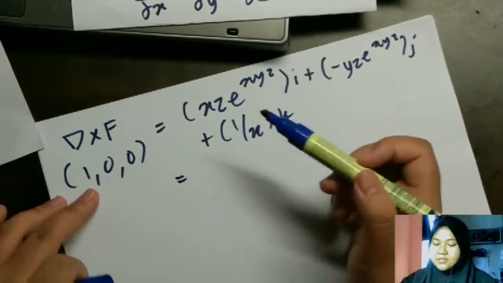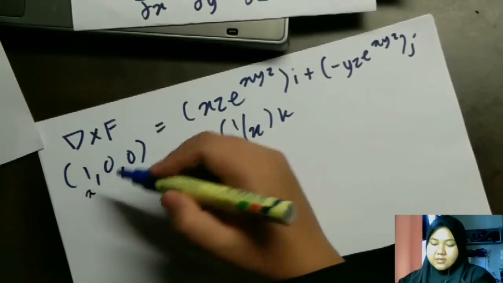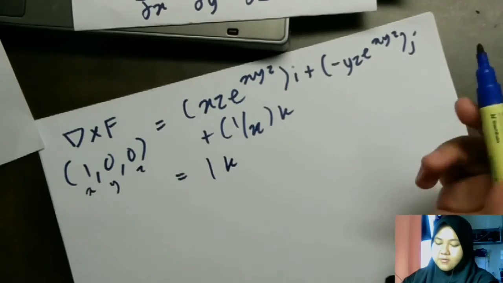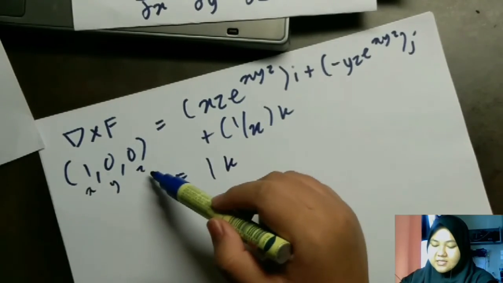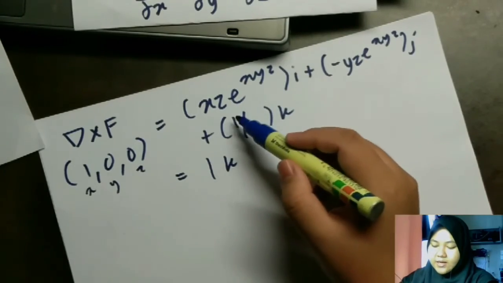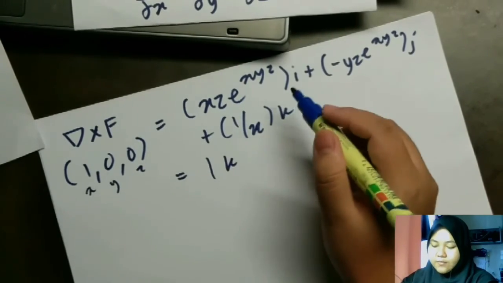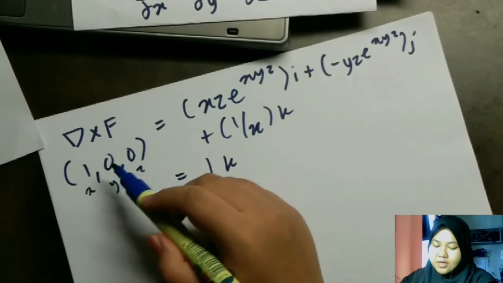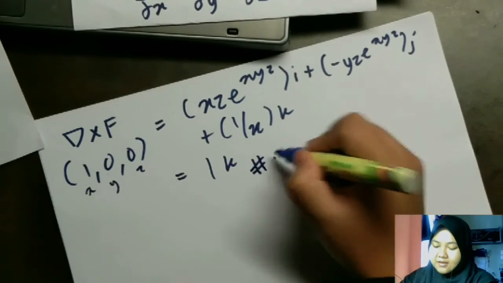After that we substitute the values x, y, z. So we got 1k. Why? Because y and z are 0, so these terms will be 0. 1 over x is 1, so 1 over 1 is 1. So the answer for the curl at point 1, 0, 0 is 1k.